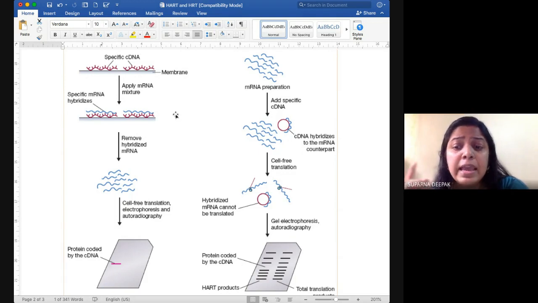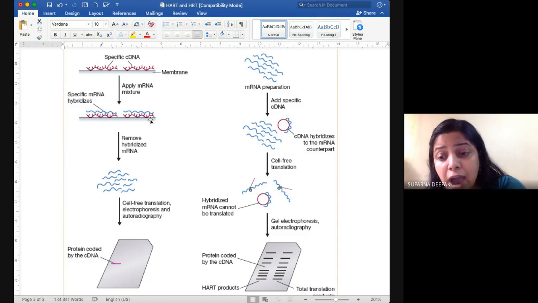What will happen if your mRNA of interest is there in this mixture? That specific mRNA will go and bind to your cDNA. If it is not there, there would be no mRNA binding to this nylon membrane. Yes or no?